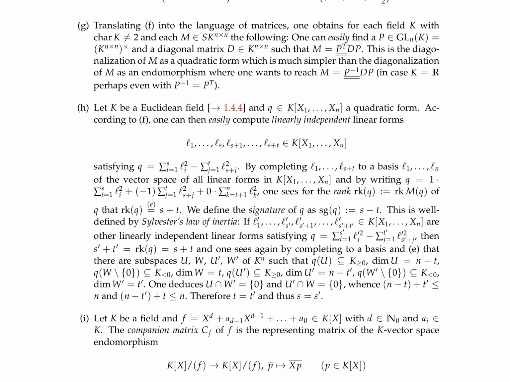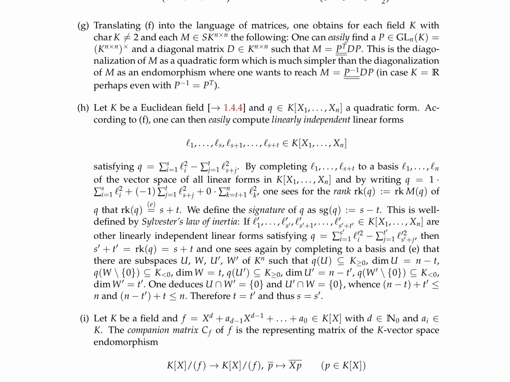And then we learned by Sylvester's law of inertia that the number s of squares appearing positively and the number t appearing negatively are unique.